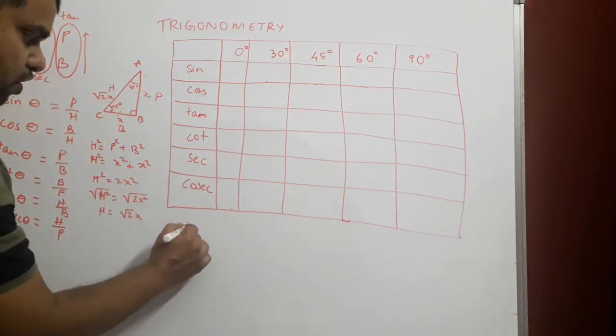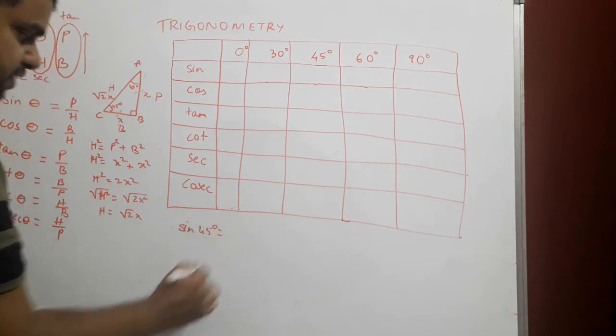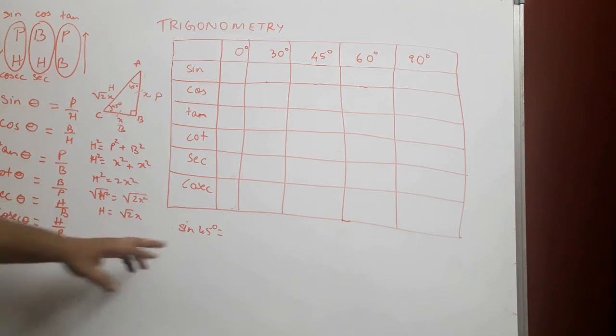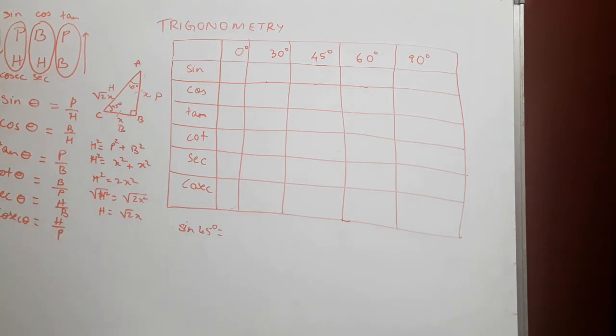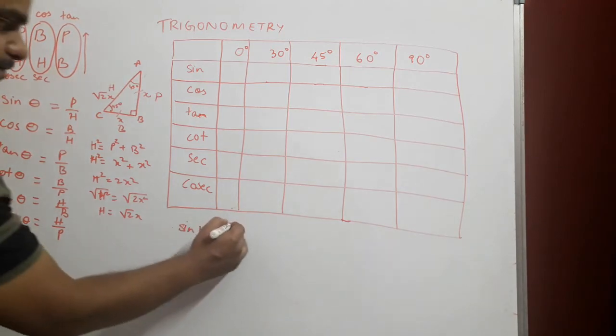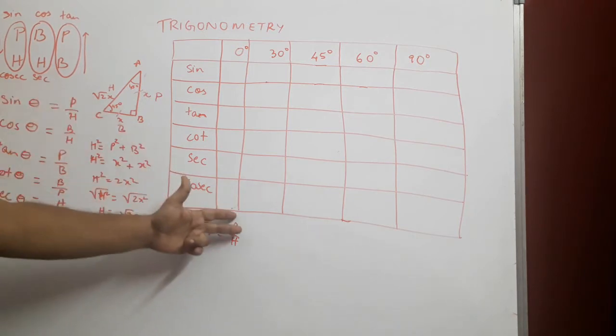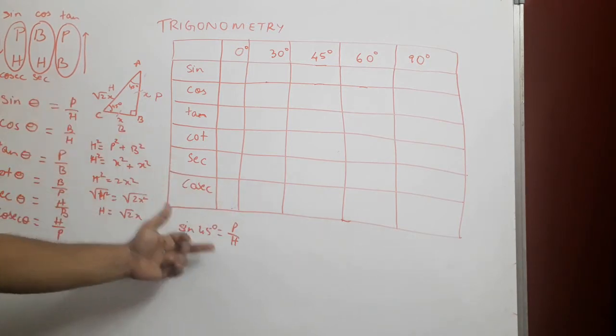So sine of 45 degrees. Whenever we have to find out sine of any angle, we need to use what Pandit Badri Prasad tells us, that is sine is nothing but p upon h. See, sine of any angle will always remain p upon h. What changes is what is the value of p and what is the value of h.